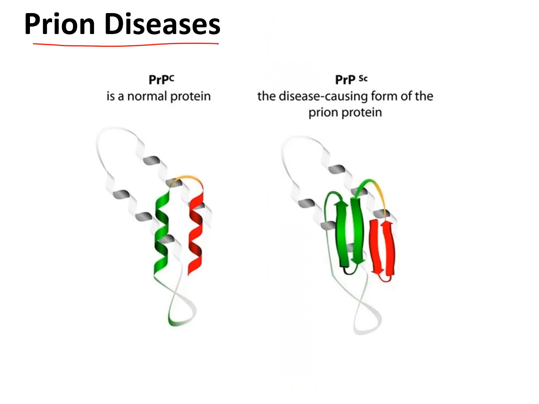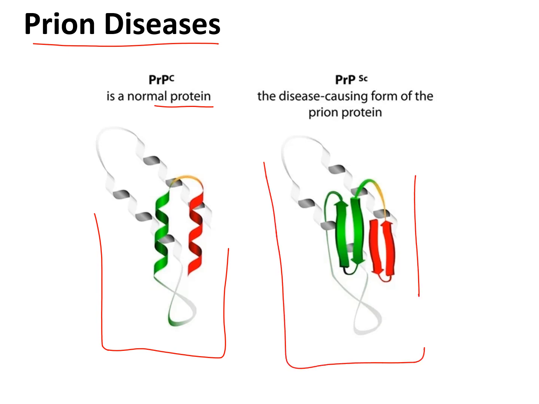Prion diseases are another example where a change in protein shape can lead to a disease. A prion is a protein that you find in neurons, and this is an example of the normal structure of the prion where it has its normal function. If a person has a prion disease, that is because their prion has changed shape, and now the prion no longer has its normal function.